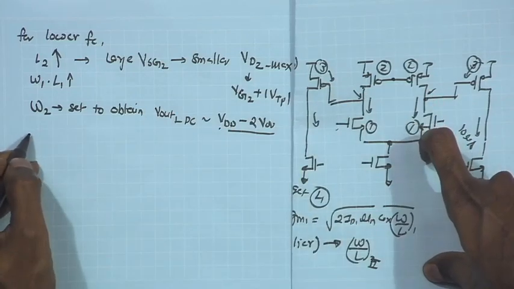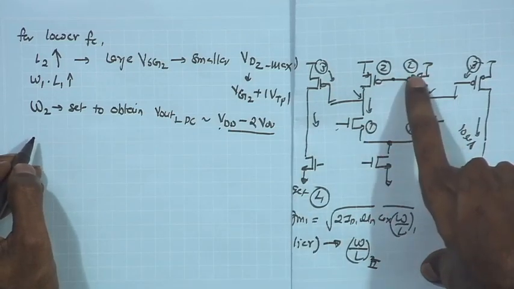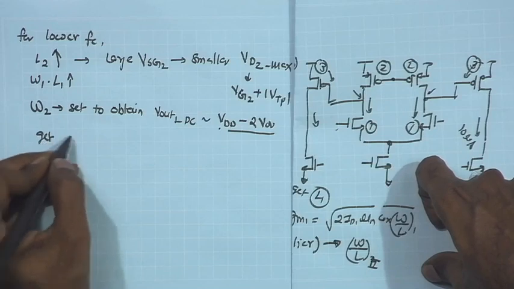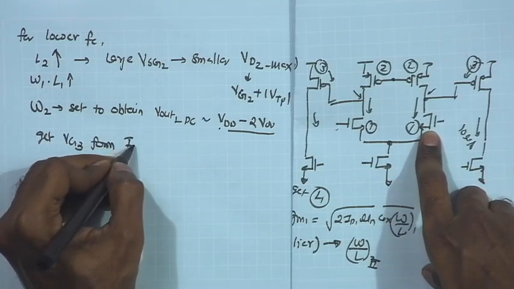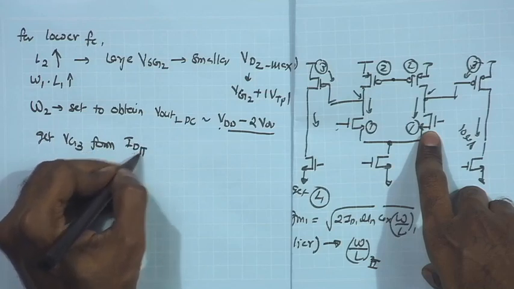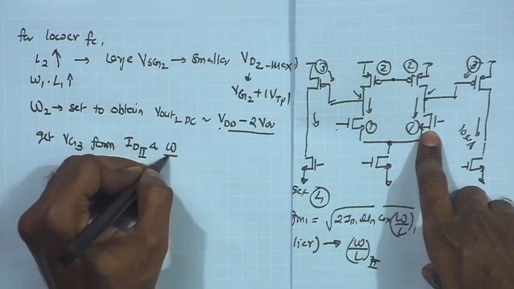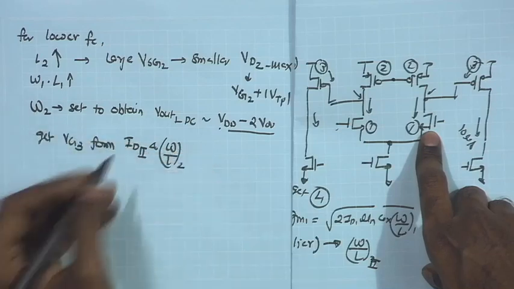So, one possibility of sizing the W by L of M2 is to get the VG3 from the ID2 and W by L2 determined from the previous stage.